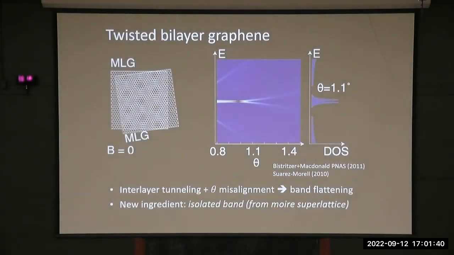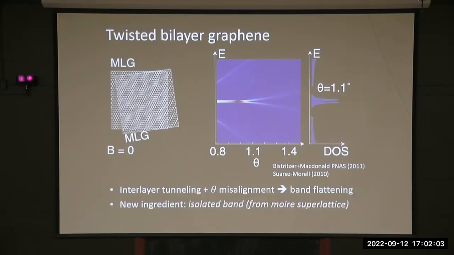Another famous example is twisted bilayer graphene, where you have a moire potential from rotating two graphene monolayers. There, the mechanism for generating the correlations is slightly different, because it's that twisting at some resonance between the interlayer tunneling and that twist angle that generates a high density of states near charge neutrality in a flat band.